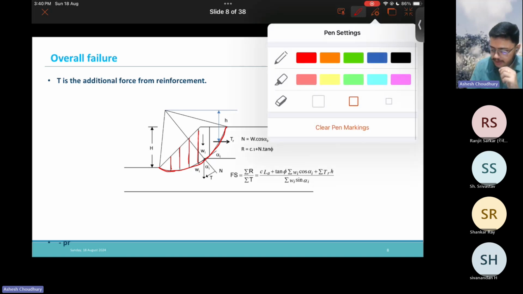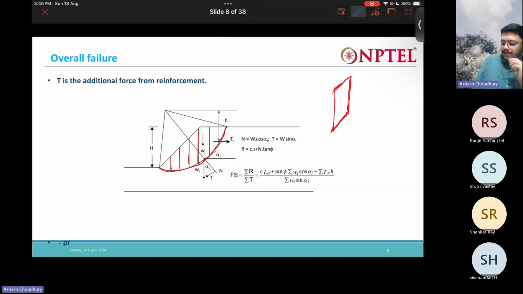In that one wedge, the weight is acting downwards like this. Now this weight can be divided into two components, right? One is the normal component and the other is the shear component. This shear component of the weight is destabilizing the soil wedge, right?